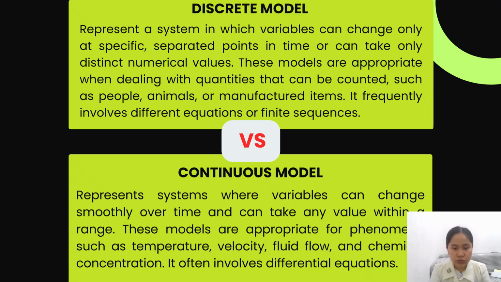So, continuous models represent systems where variables can change smoothly over time and can take any value within a range. These models are appropriate for phenomena such as temperature, velocity, fluid flow, and chemical concentration. This often involves differential equations.